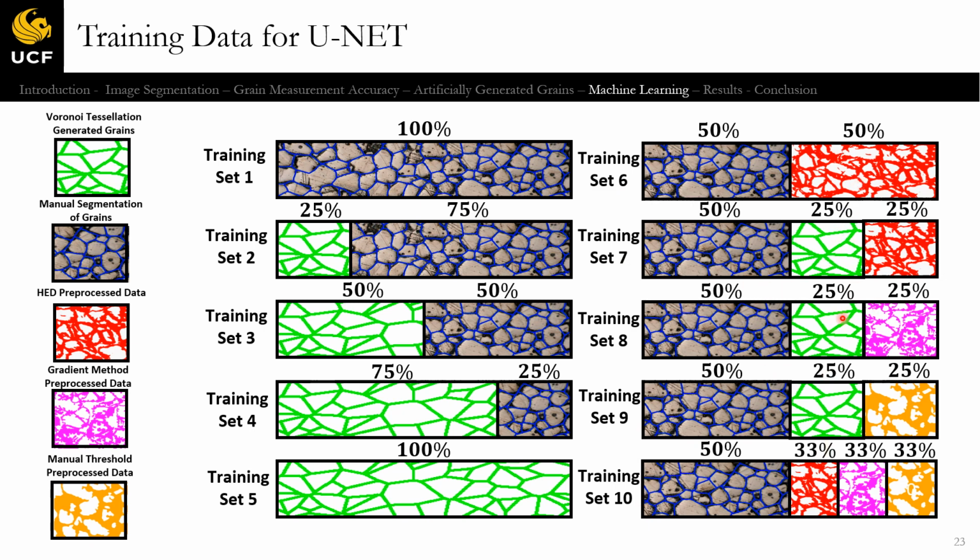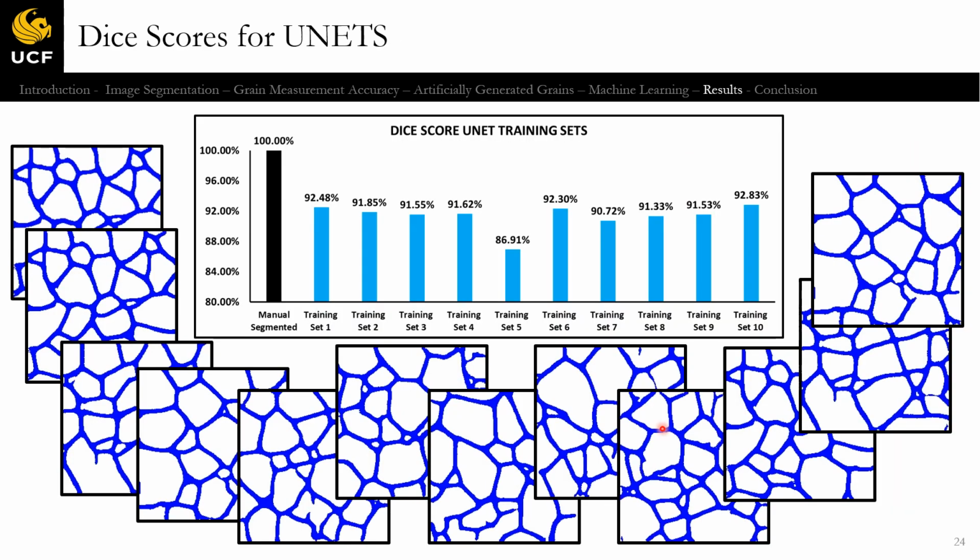These ones have artificial data in them, and these ones have noise as well from the different traditional methods. Training set 10 had noise from each of the different traditional methods. So let's go back to the dice scores. We can see training set 5 did score the lowest, but it is still an impressive score because it was trained entirely on artificial data.